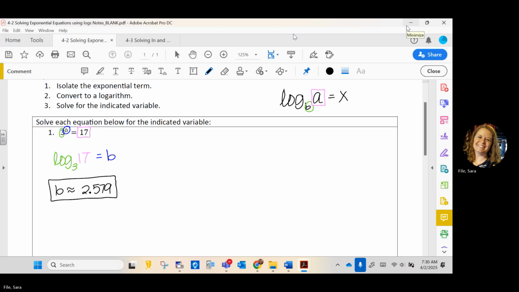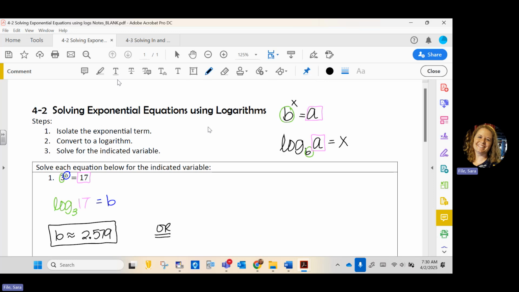Now, you can also input this or rewrite it using the change of base formula. You are going to have questions on your test about the change of base formula, so you can't just forget about it since we already talked about it. Your other option, which you are going to have to be able to do on the test, is using the change of base formula.